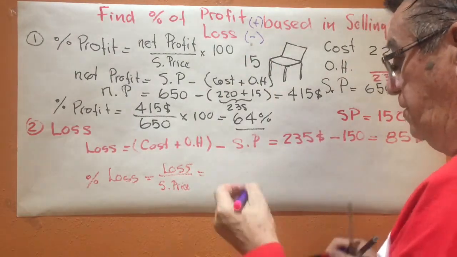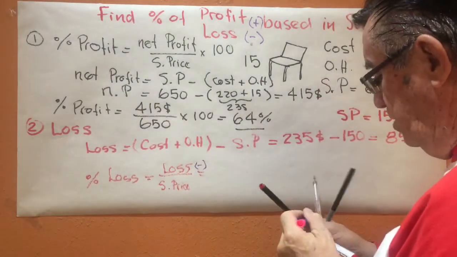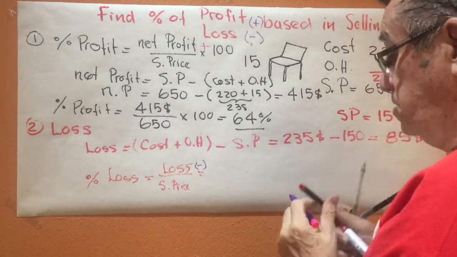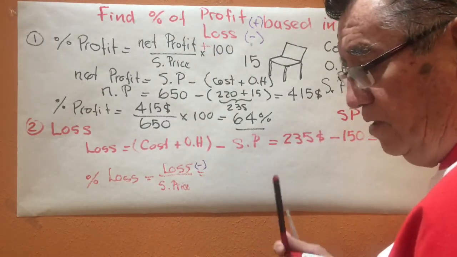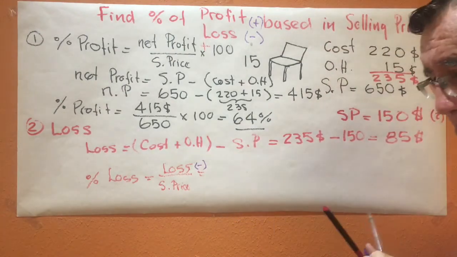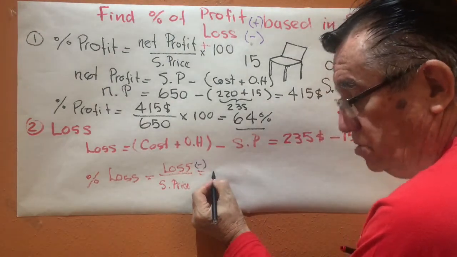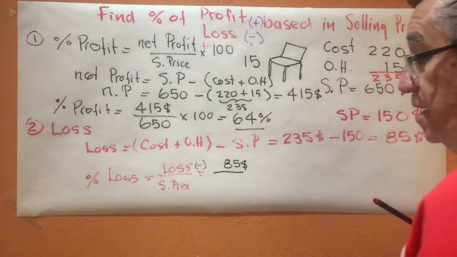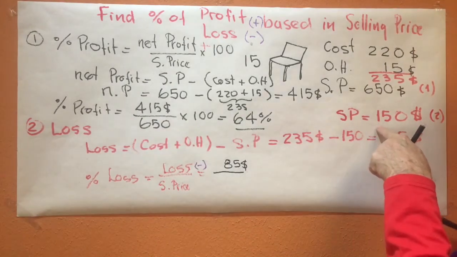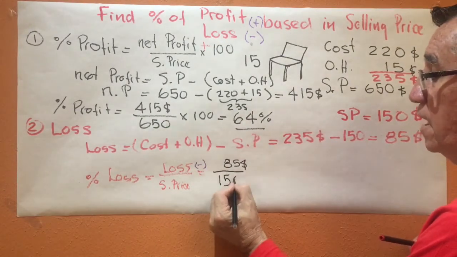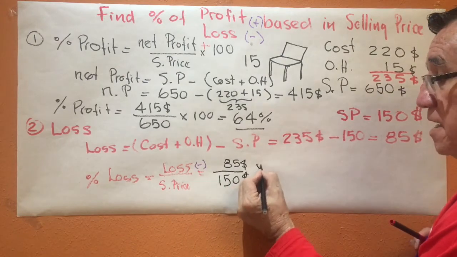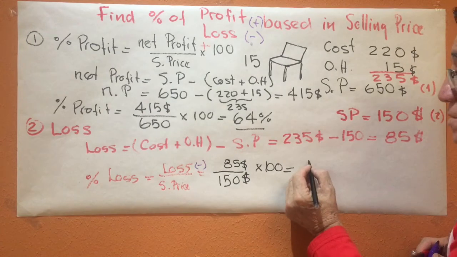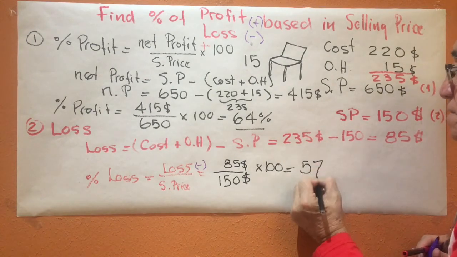So that means that you're losing money here, and here you are making money. Substituting values, we have our loss, which was $85, and my selling price, which unfortunately was $150, times 100. Doing the calculations, my percentage of loss is 57%.